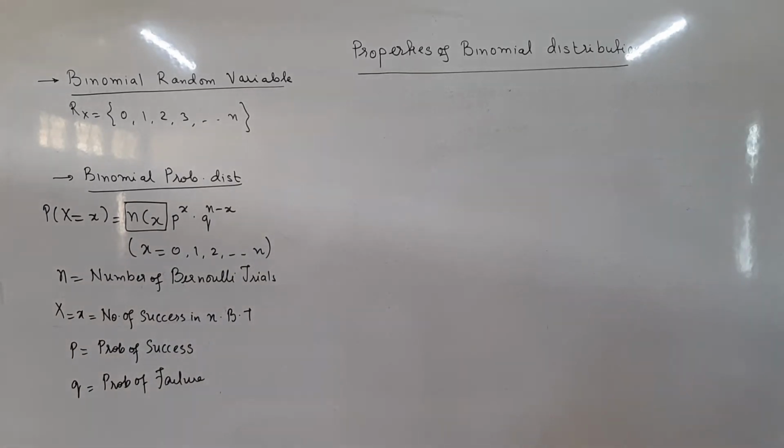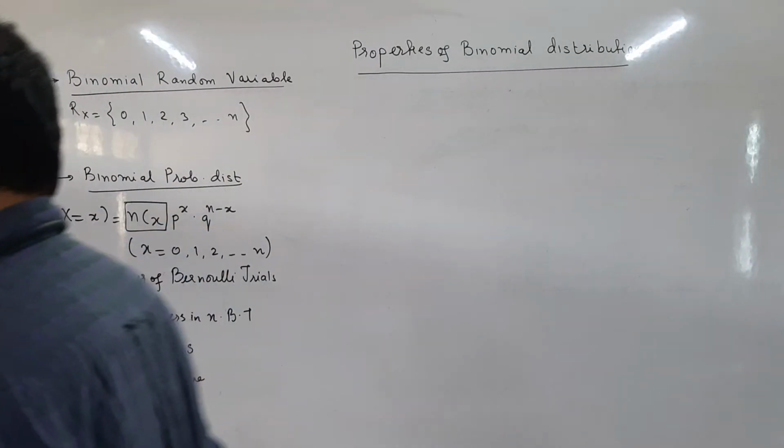So another way is to state the formula for binomial probability distribution and explain the meaning of each term involved in the formula.